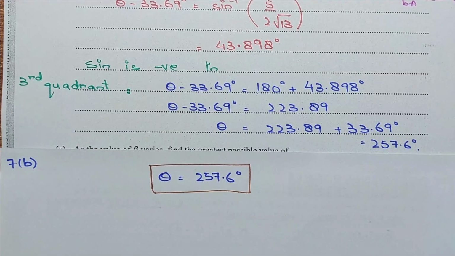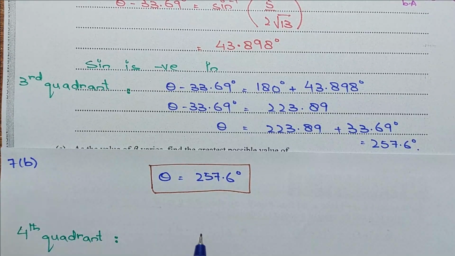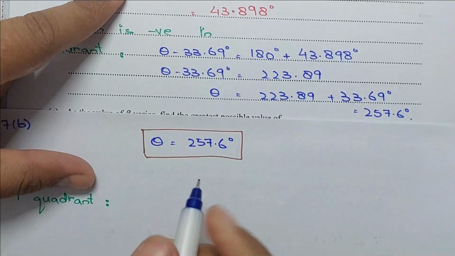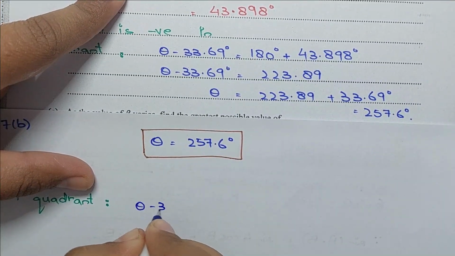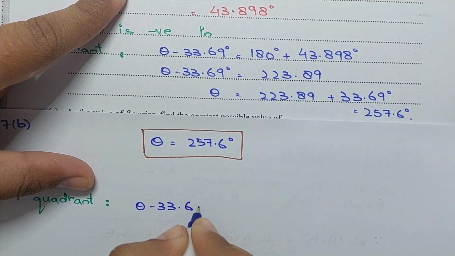And sine is also negative in the fourth quadrant. Now for the fourth quadrant, what is the value for the angle? So this is the whole angle, which is theta minus 33.69 degrees.